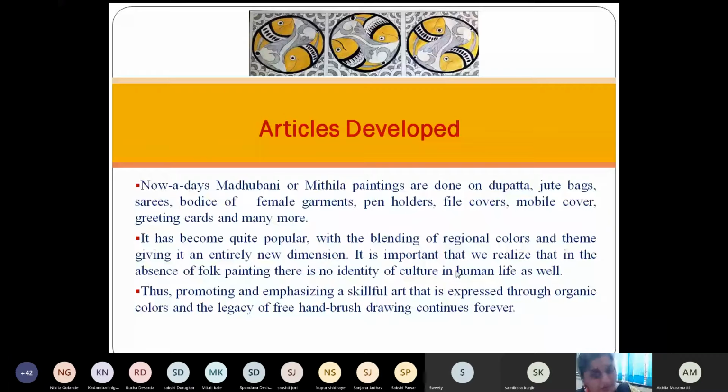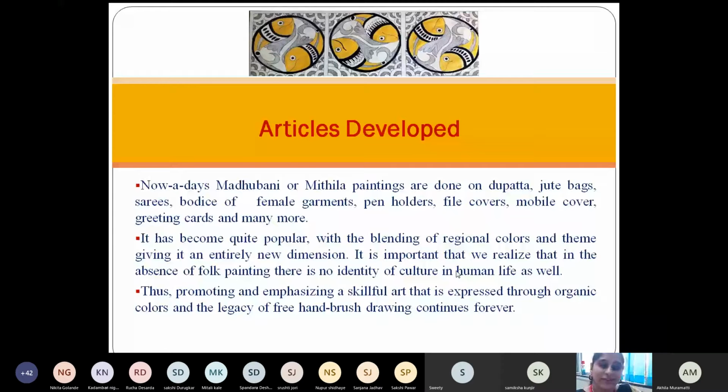Not just Madhubani, there are many other traditional paintings which I'll take you through in a moment. We have to start promoting them, we have to start using them, and we have to encourage the artists by either purchasing their work or acknowledging the hard work and efforts they have put in.